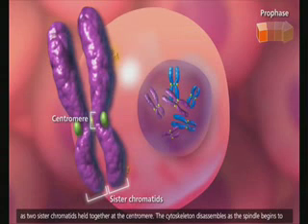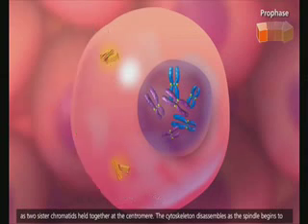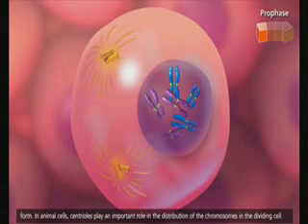There is a button like structure on that, it is called the kinetochore. So this green colored structure is the kinetochore and the central portion is called the centromere. Alright. Continuing.